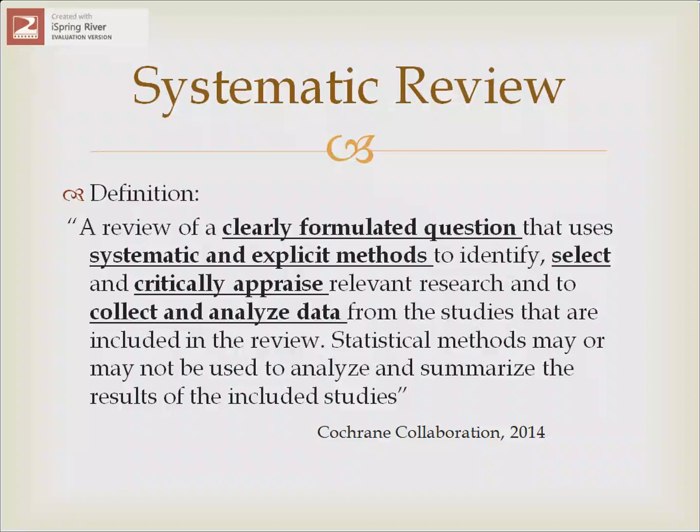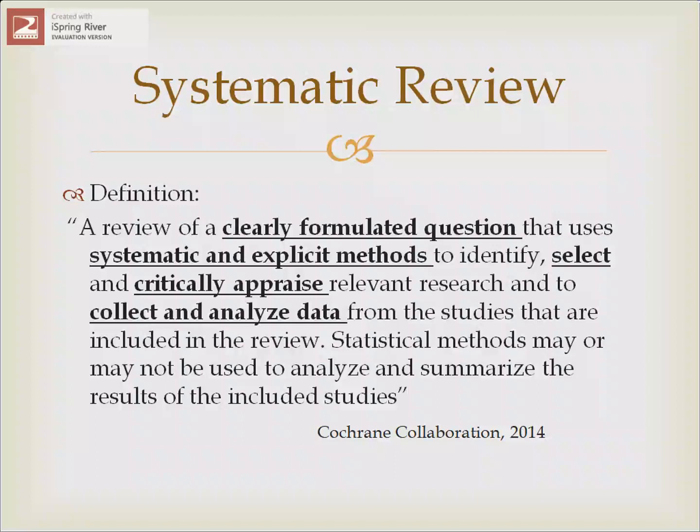So systematic review is the review of a clearly formulated question that uses systematic and explicit methods to identify, select, and critically appraise related research and to collect and analyze data from the studies that are included in the review. Systematic methods may or may not be used to analyze and summarize the results of the included studies.